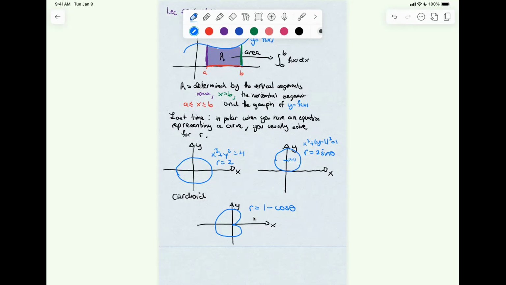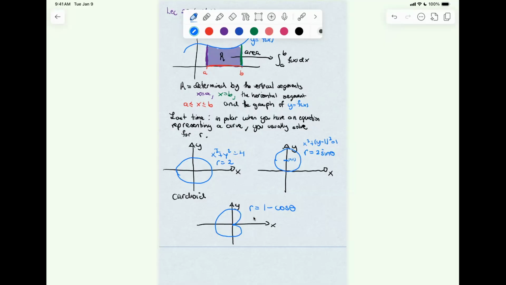It's kind of messy. Or here you could also solve for theta, but then you have r over 2 equals sine theta, so theta equals arcsine of r over 2, which is a mess. Since theta typically appears as a tangent or cosine, solving for theta is a bit messy. So usually it's easier to leave the equation for r.